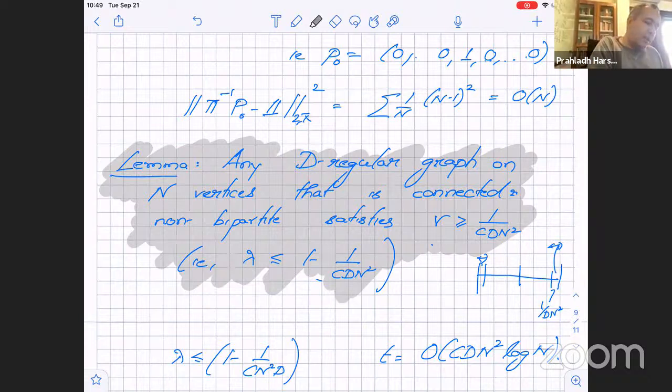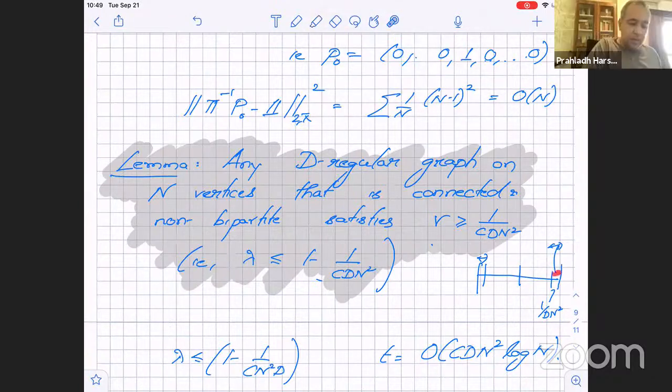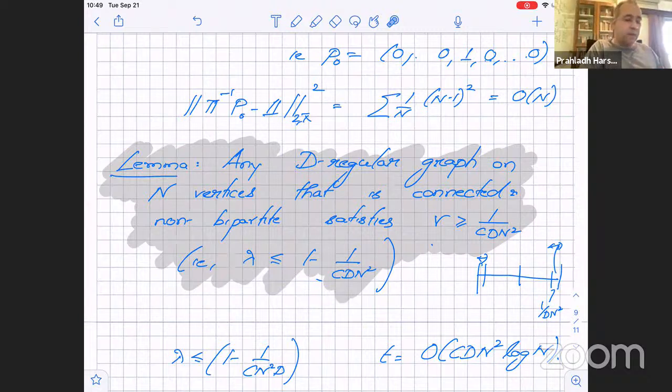If it is disconnected, this gap becomes 0 over here. This is what I mentioned last time. If it is bipartite, this gap becomes 0 over here. So I'm taking off those two anomalies, and once you take off those two anomalies, you will notice not only that it's not 0 on either end, but you will notice a small perceptible gap.